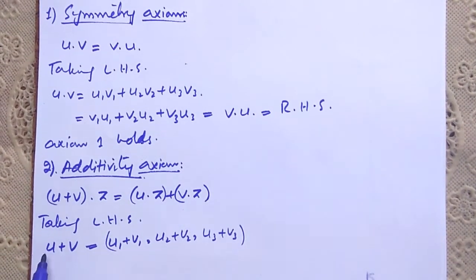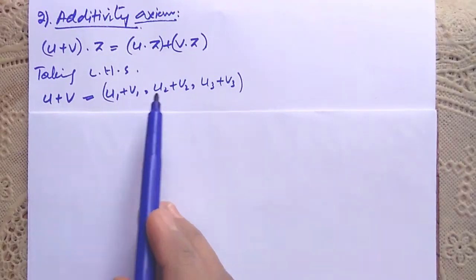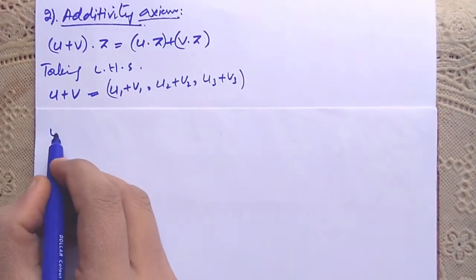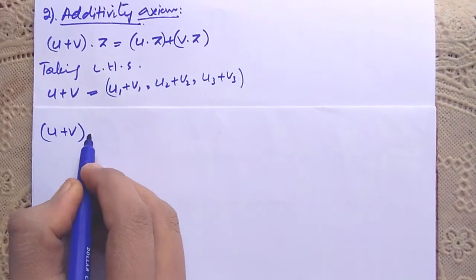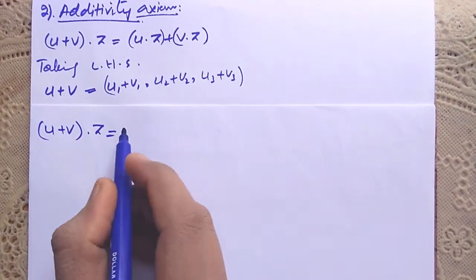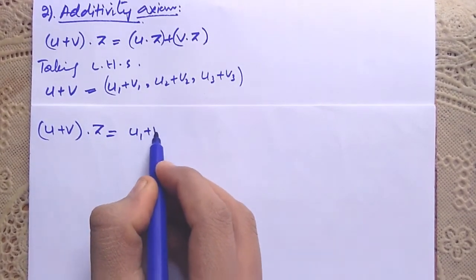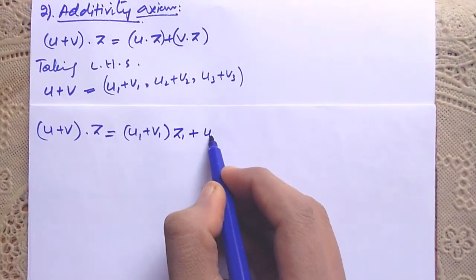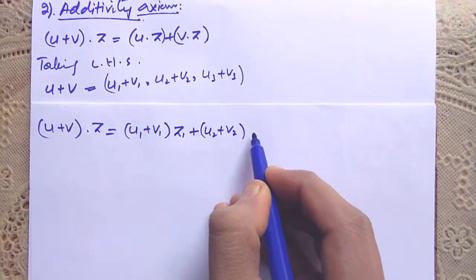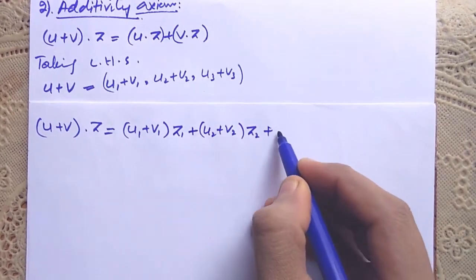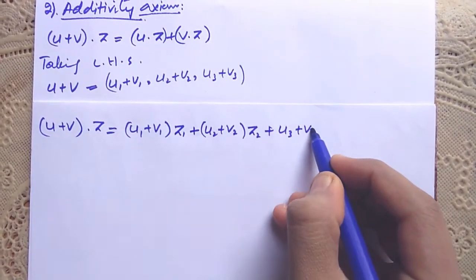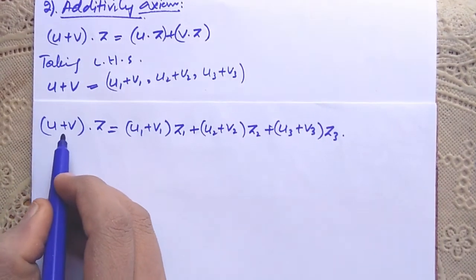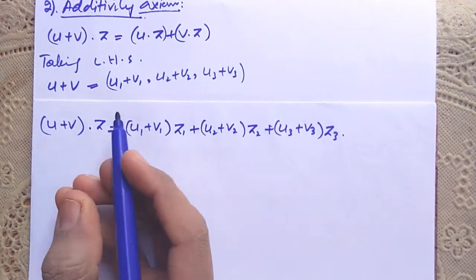It is the sum of these two vectors u and v. Now take the dot product of this resultant with the vector z. So u plus v dot z is equal to u1 plus v1 times z1, plus u2 plus v2 times z2, plus u3 plus v3 times z3. It is the dot product of u plus v with z, right?